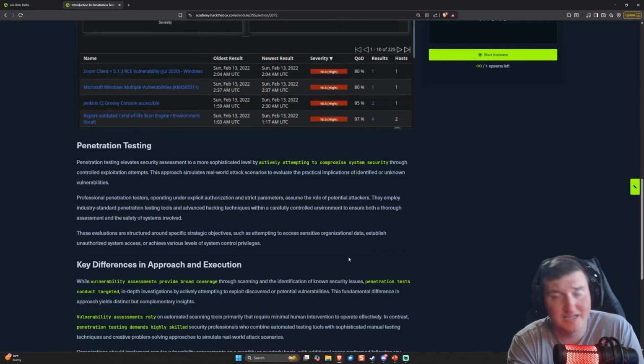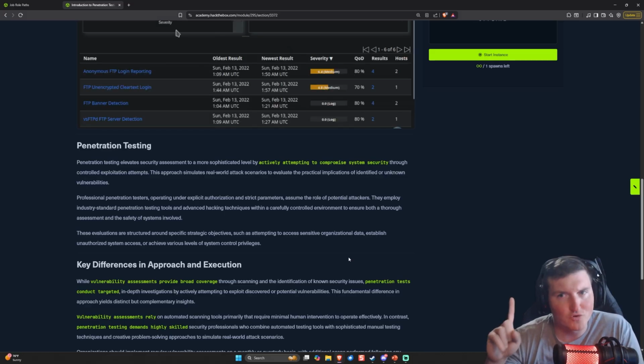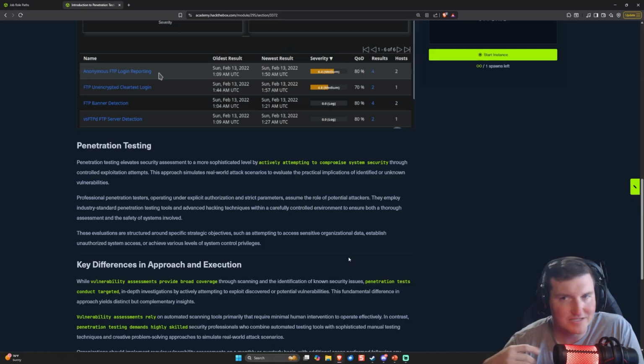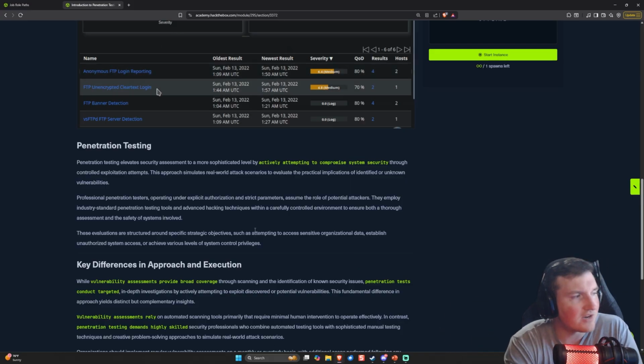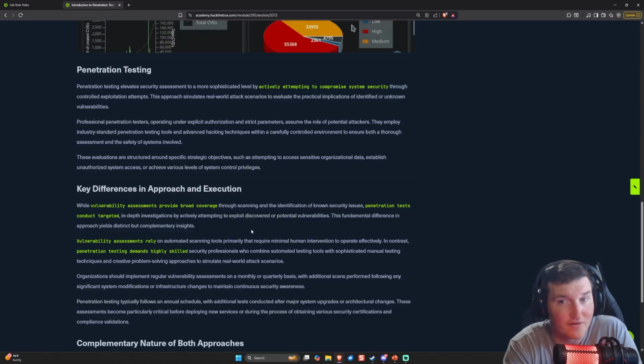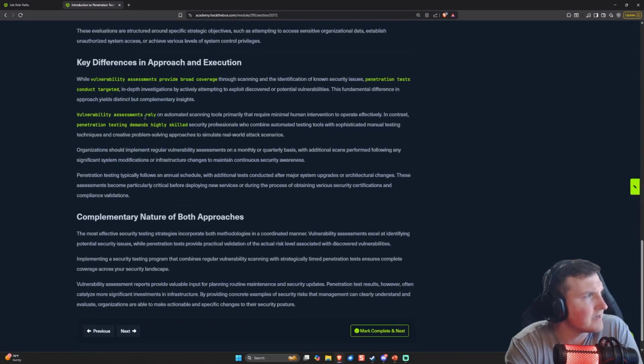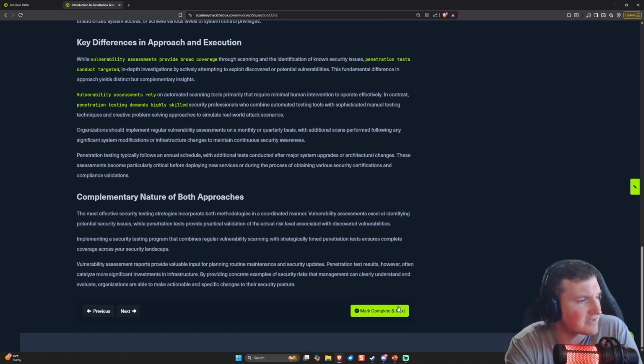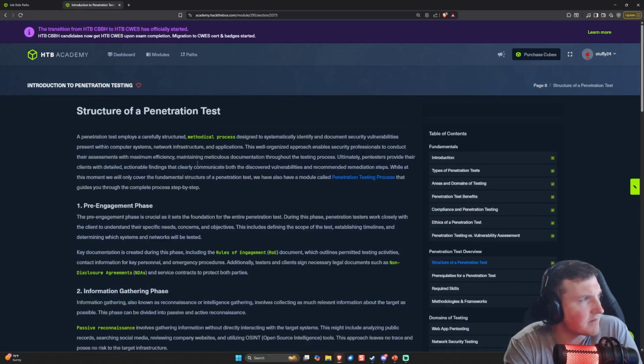And a company looks at that and goes, oh my God, we have 5,000 of those. Yes, you might, because you have 5,000 machines, but it's one vulnerability on 5,000 machines, and it's informational, right? So you've got to understand that vulnerability assessments and vulnerability reports are very different than pen test reports. You can see here, penetration test is in depth, much more in depth. Yes. All right, let's keep going.